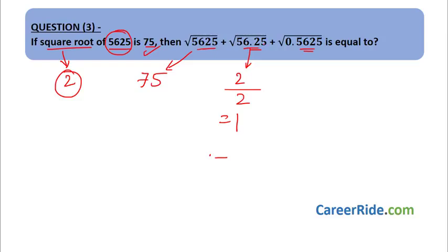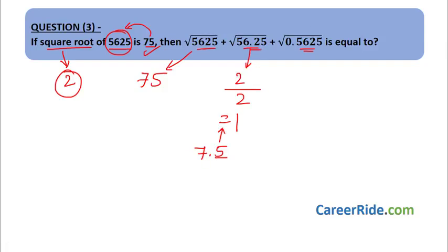Now we know 5625 is the square of 75. So let's write 75 from right to left. First we will write the 5 over here and 7 over here. If 75 squared is 5625, then 7.5 squared would be nothing but 56.25.